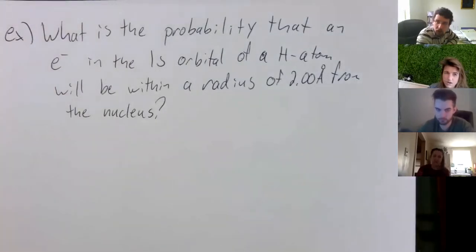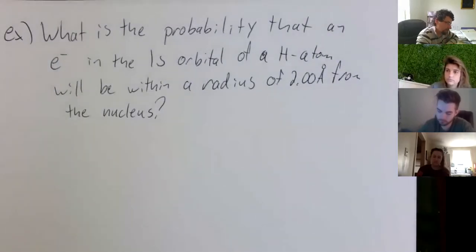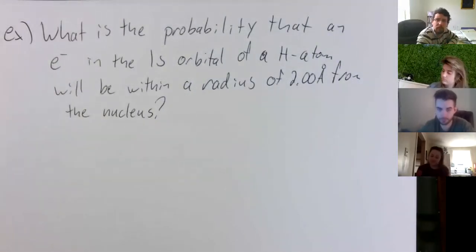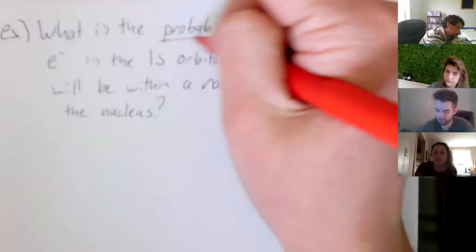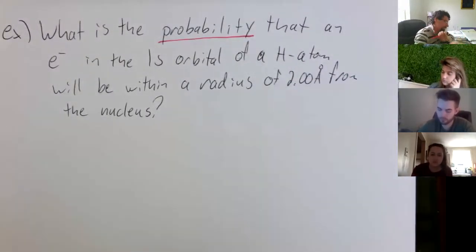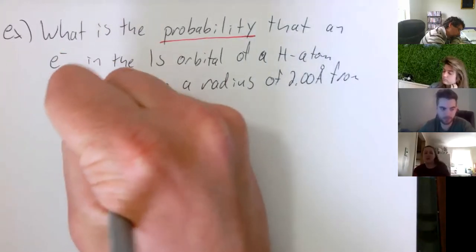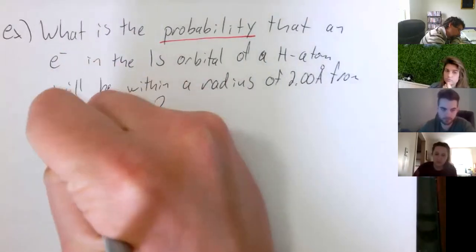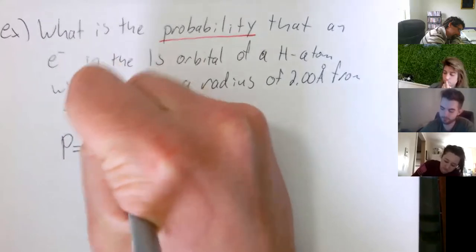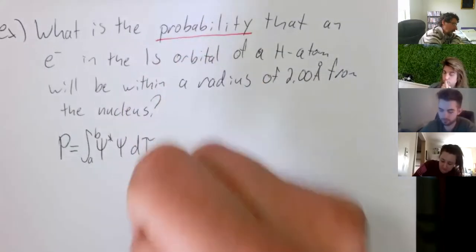Okay, so what are we looking for in this problem? Probability. Okay, how do we find probability? Probability is the integral from a to b of psi star psi d tau.